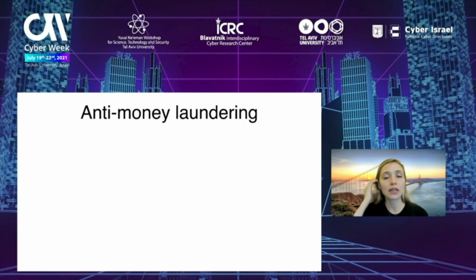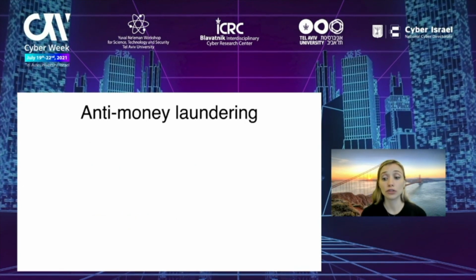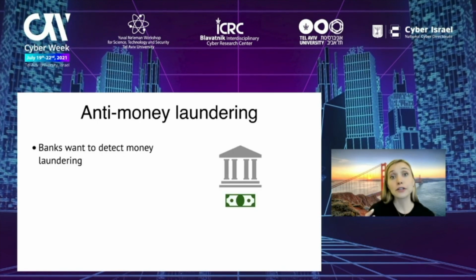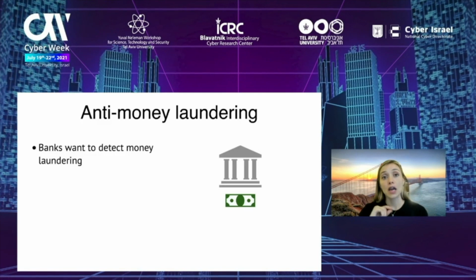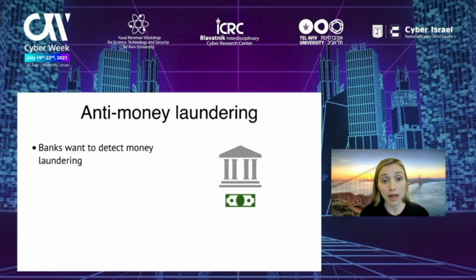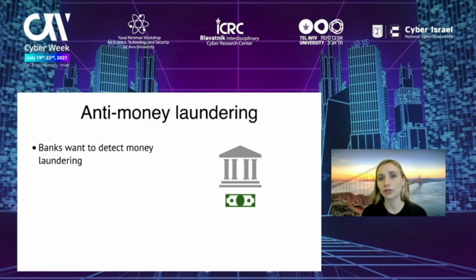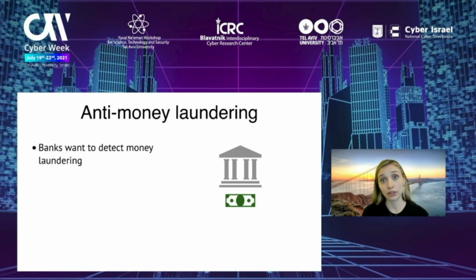Here's one specific example from money laundering. Criminals often hide their traces by doing money laundering across different banks. And the banks would like to detect this money laundering because they're losing a lot of money every year to money laundering.